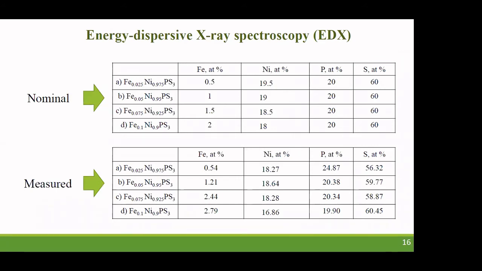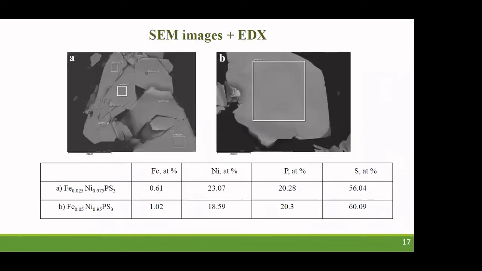Here are shown the results of what was calculated, what we expected to get in our samples, and here are shown the results of what we got in reality. So if you compare these two tables, you can see that we got a good sample with almost the expected composition of components. So I can say that it was successful.